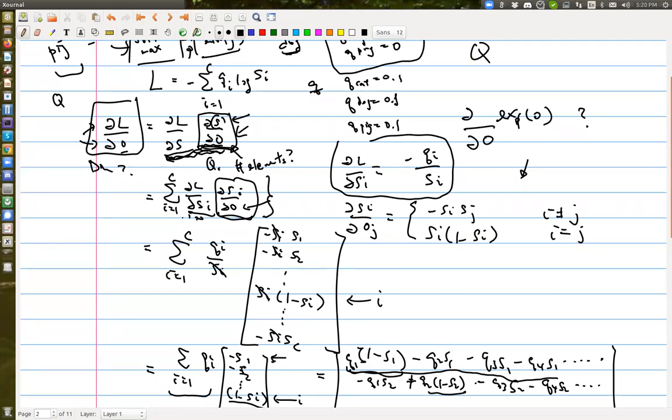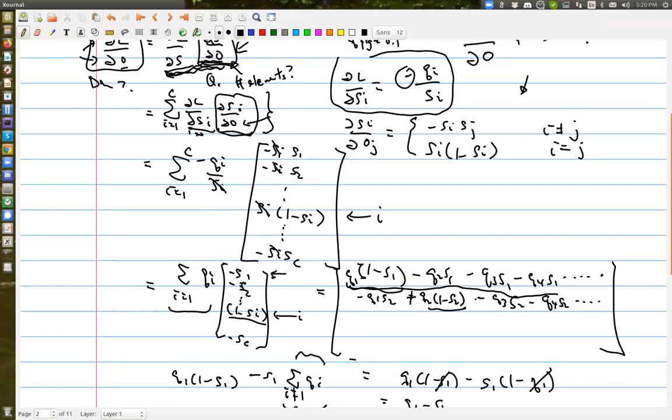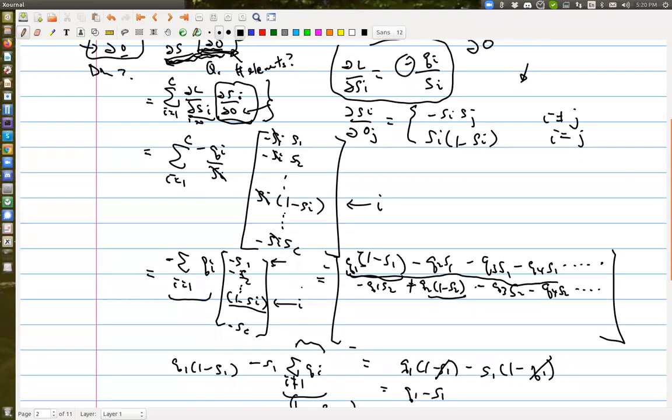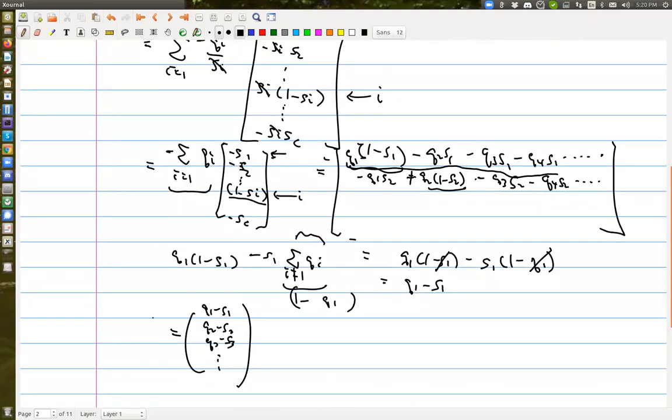So for this one, I actually have a negative sign here. So I put back a negative sign, and I have S minus Q: S1 minus Q1, S2 minus Q2, and so on and so forth.